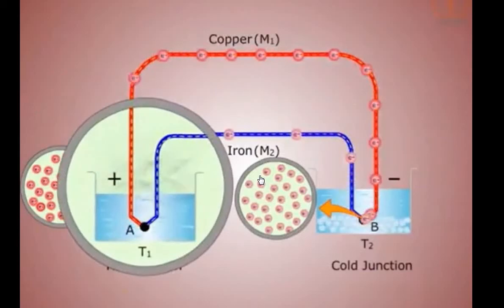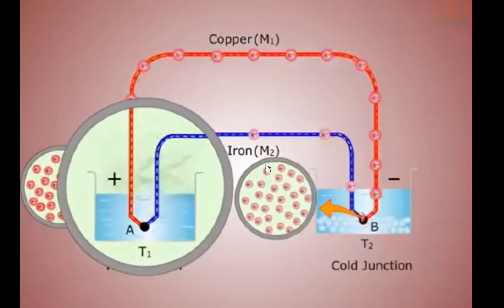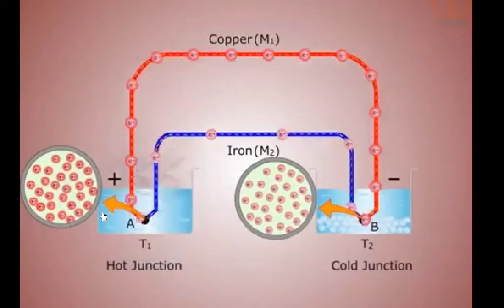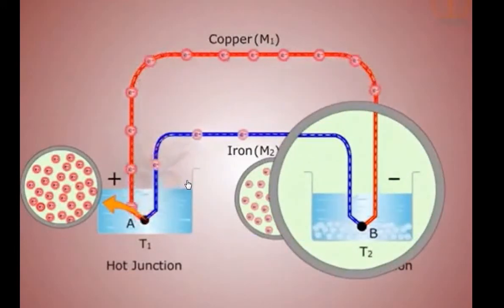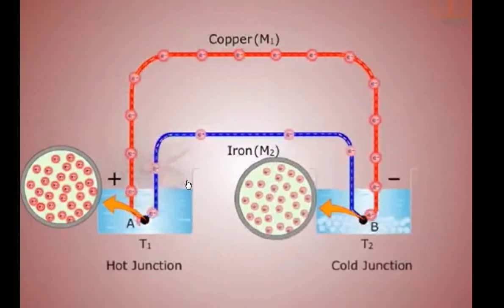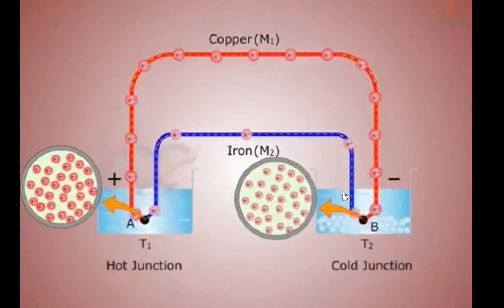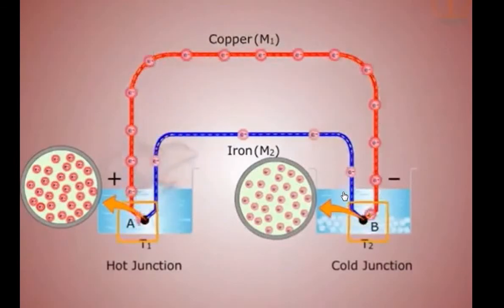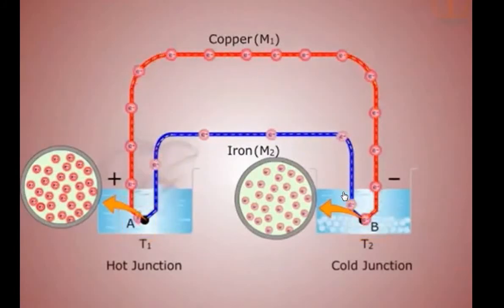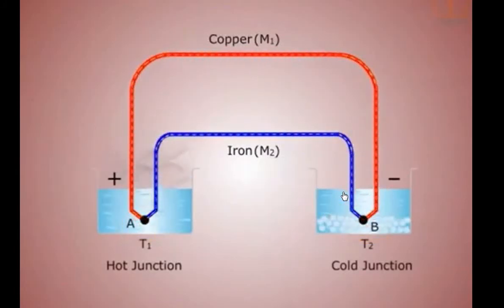The direction of current flow at the hot junction is from copper to iron, and the direction of current on the T2 side is from iron to copper. The charge is nearly maintained at both junctions A and B. In order to find the unknown temperature at junction A, the current flowing through the thermocouple should be measured.